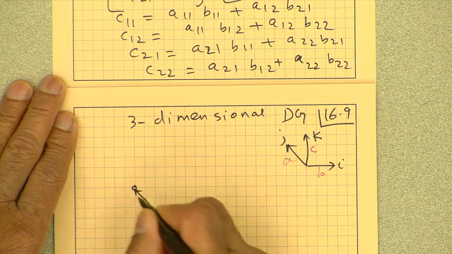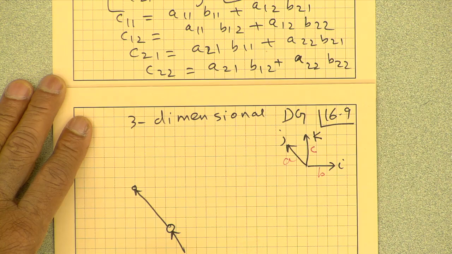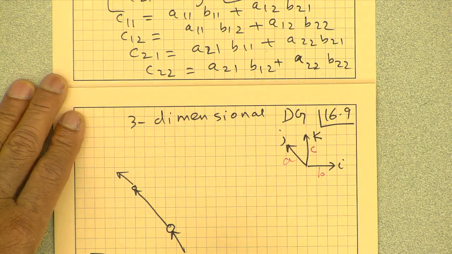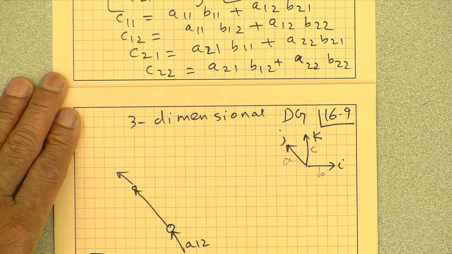So if I take A, okay, A11 is going this way, A12 is going this way, and B is going to the right, B11 is going this way, and B12 is going that way. Okay, so let's see what we have now.